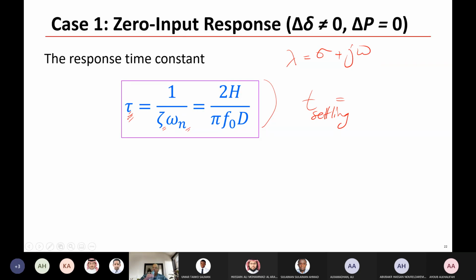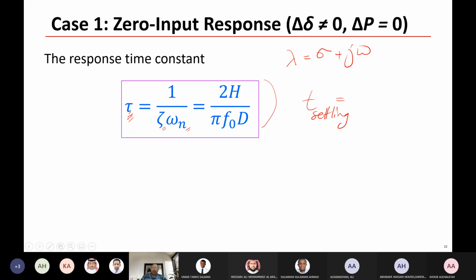Hussein Ali? This is the time that the machine takes to reach again its stable steady state condition. Yeah, this definition needs fine tuning.